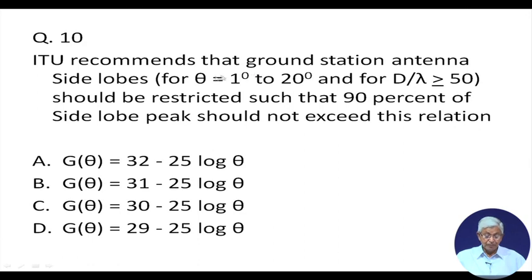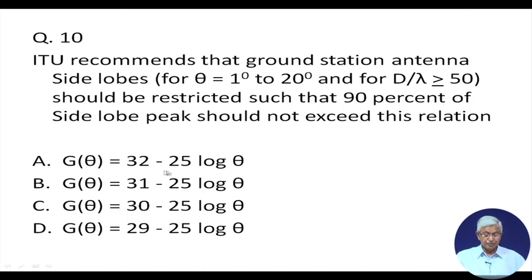Here the side lobe part is defined, that for theta equal to 1 degree to 20 degrees, theta being the angle away from the peak gain, and for D by lambda greater than 50, it should be restricted such that 90% of the side lobe peaks, so many side lobe peaks that will come, 90% of them, should not exceed this relation.